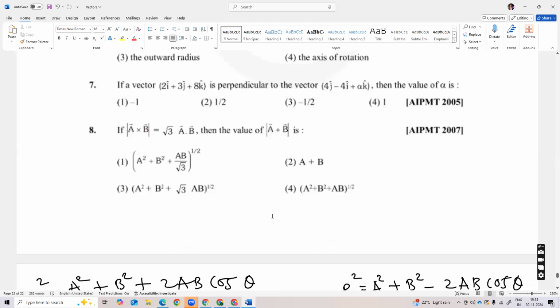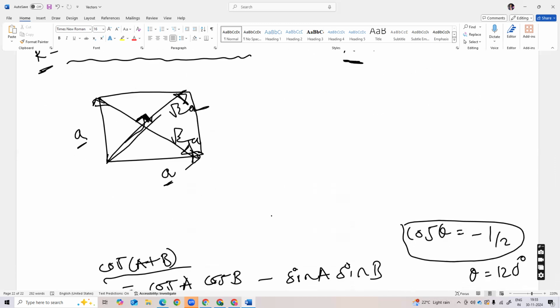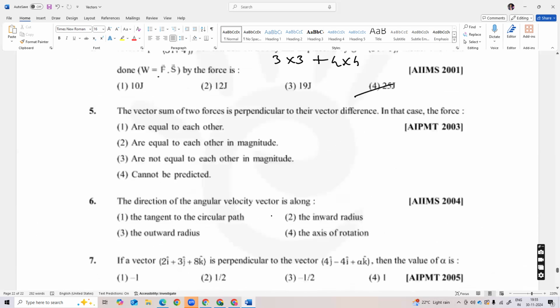So in this case what we have found out is that both vectors are equal. This is the first case.